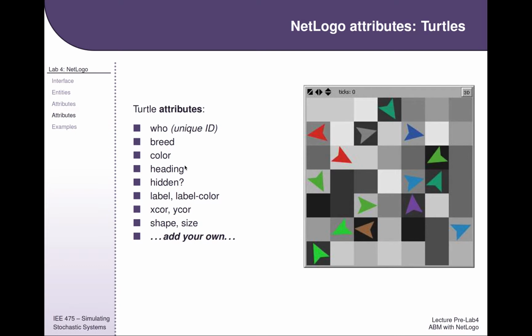They do that so that there are shortcut ways for you to refer to patch attributes that are associated with the patch that a turtle is currently on, without having to go through a long string of code.